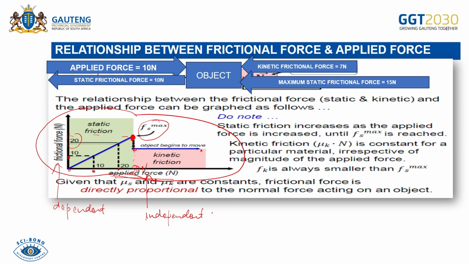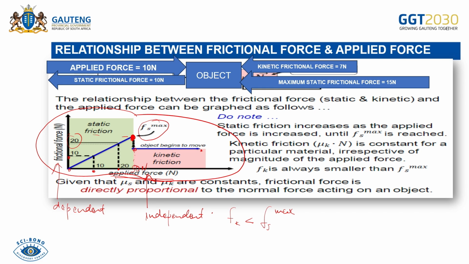Because the object now is in motion, we talk about the kinetic frictional force. And what you need to know, the kinetic frictional force, Fk, is going to be less than your Fs max.